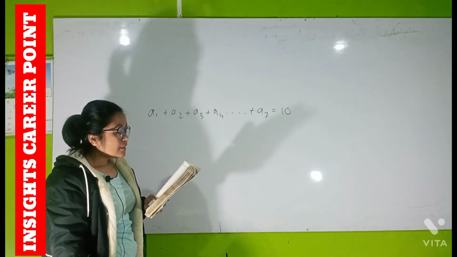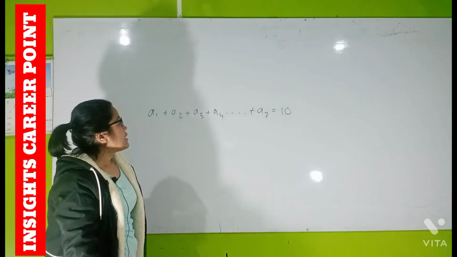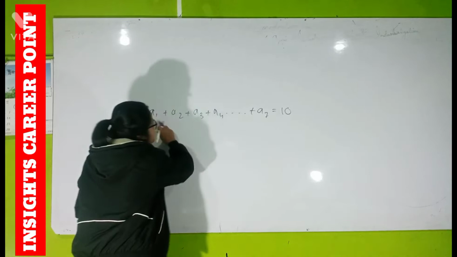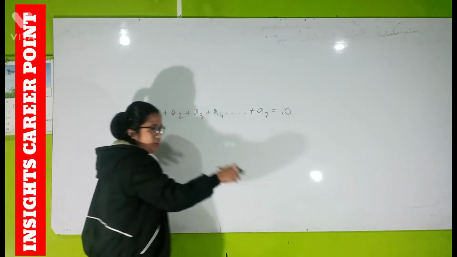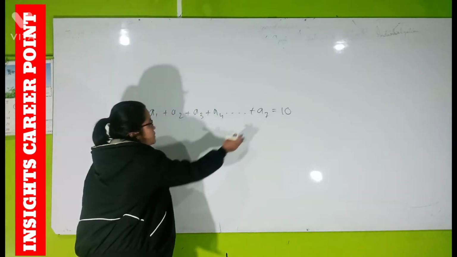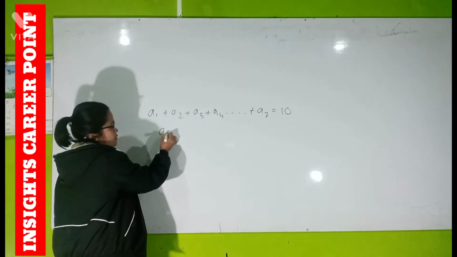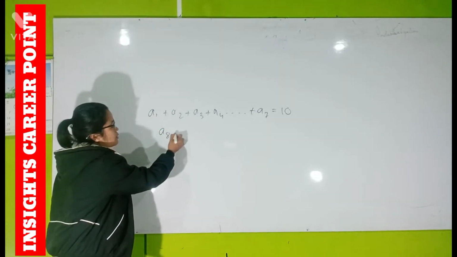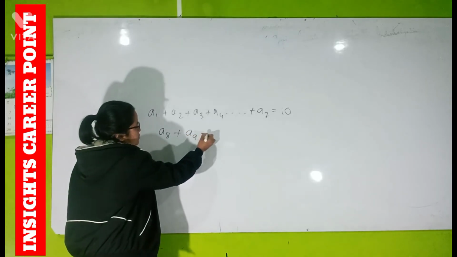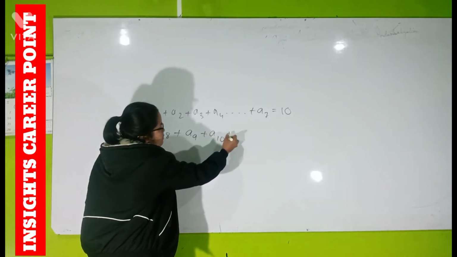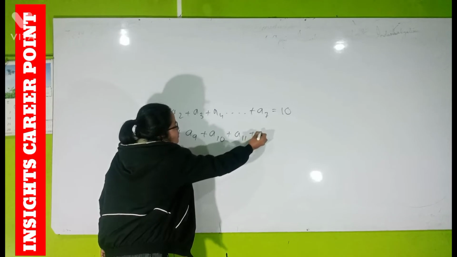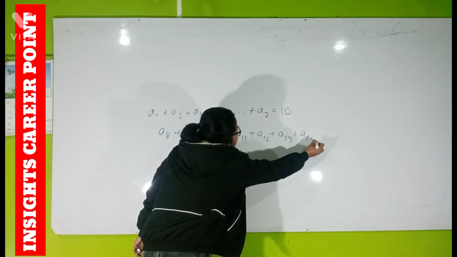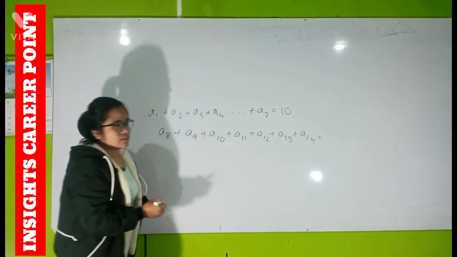And that of the next 7 terms. Next 7 terms start from A8, A9, A10, A11, A12, A13, up to A14.